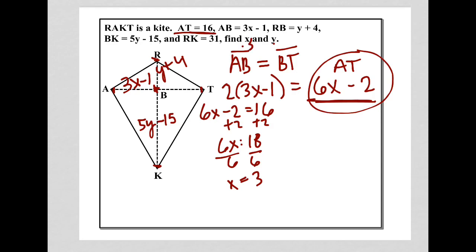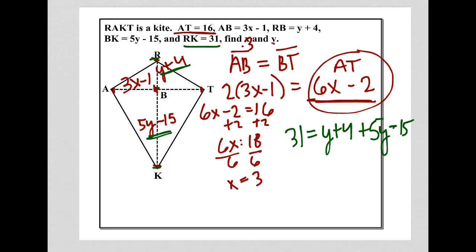X is 3. Now we need to find our y value. This is maybe a little bit trickier, but we know we need to deal with where we have y's. So we have y's here and we have y's here, meaning we're dealing with this entire length of our other diagonal. We're dealing with RK. Well, RK is 31, and RK is made up of RB, which is y plus 4, and of BK, which is 5y minus 15.